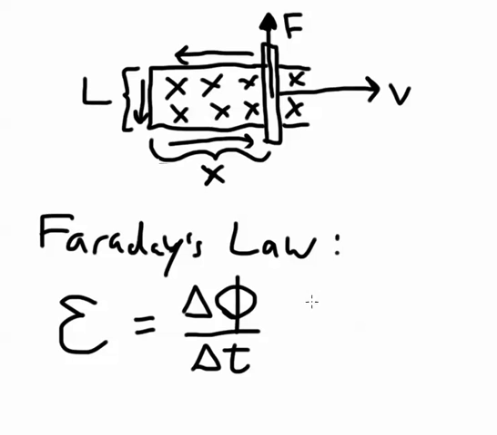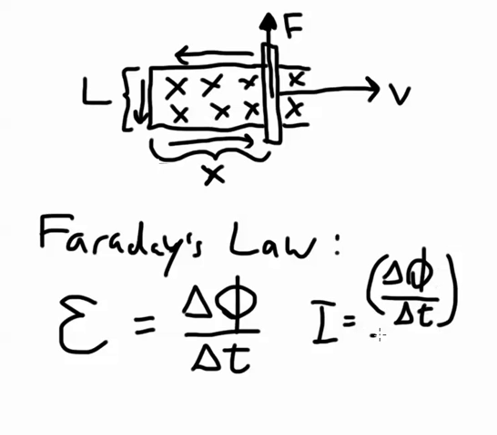And that means that the current is equal to the EMF, which is delta flux over delta time, divided by the resistance. So this way you can calculate the EMF if you know the delta flux over delta time, even if you can't figure out what the magnetic force will be.